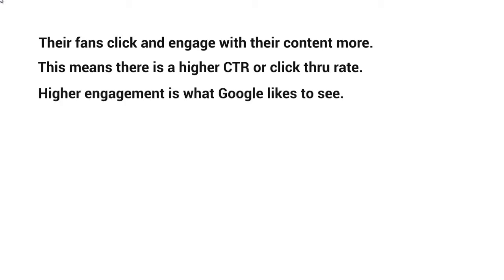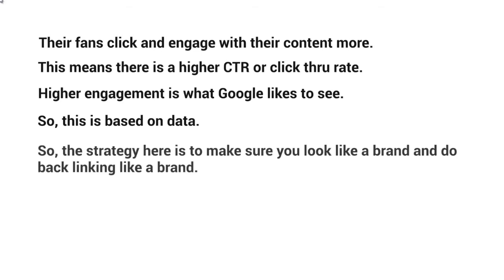So higher engagement is what Google likes to see. Higher engagement means that the fans really like the content. This is based on the data that we have received and observed. So the strategy here is to make sure that you look like a brand and you do backlinking like a brand. Make sense? So what does backlinking like a brand look like?